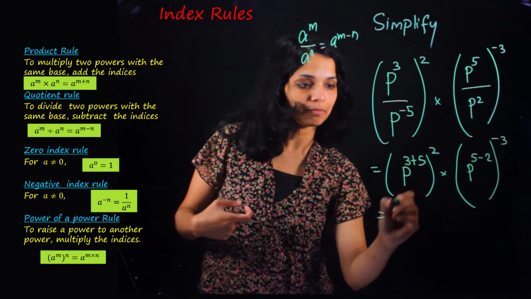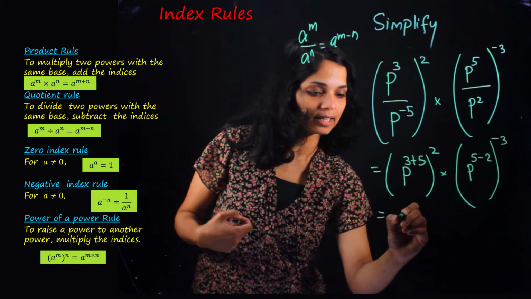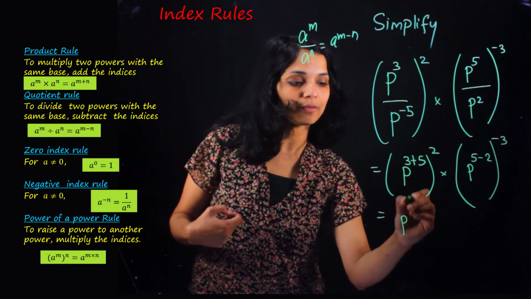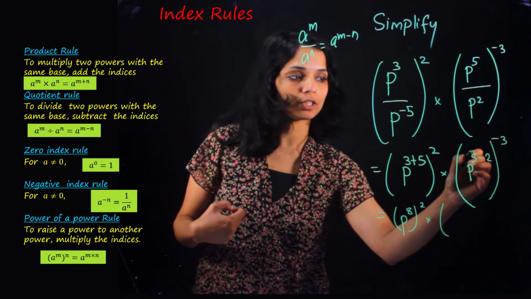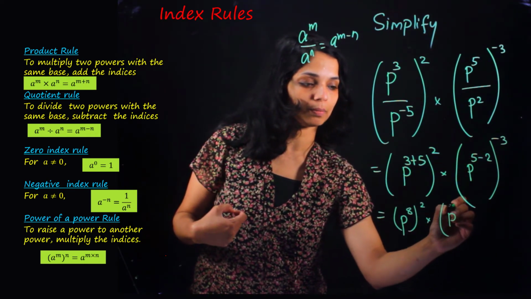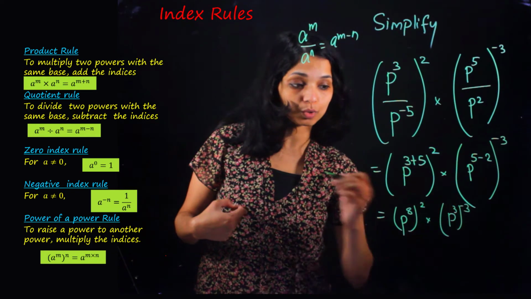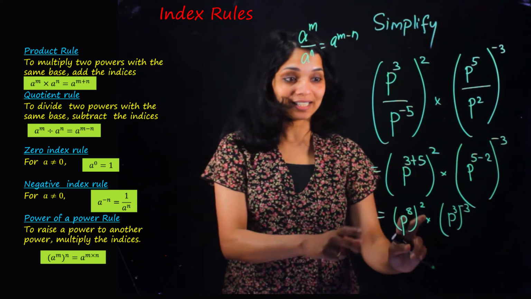Okay, now let's simplify the terms within the brackets. That's p, 5 plus 3 is 8 to the power 2 times p to the power 5 minus 2 is p to the power 3 to the power minus 3. Okay, now that's down to a very simple expression.